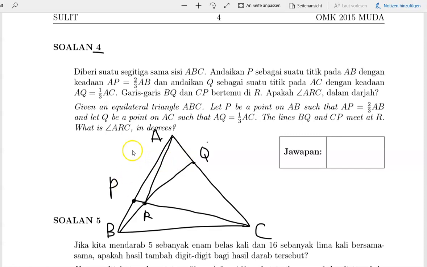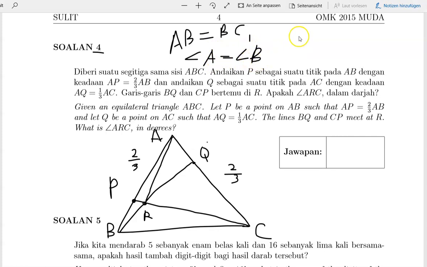Here's our 2/3. Since it's an equilateral triangle, all sides are the same. Here's also 2/3, 1/3, 1/3. So basically we can say that AB equals BC. And then angle A is also equal to angle B, so it's 60 degrees.